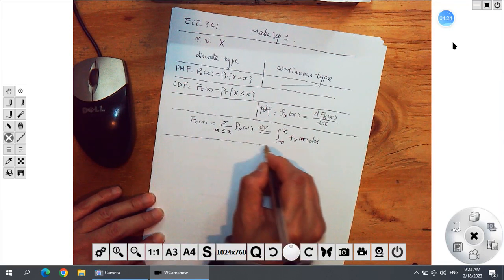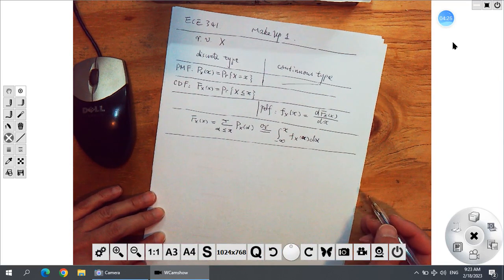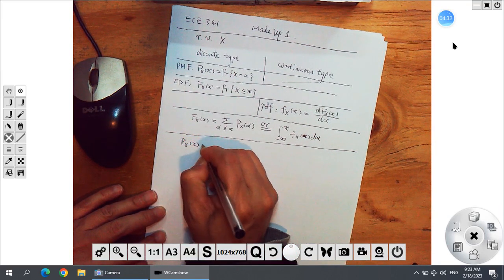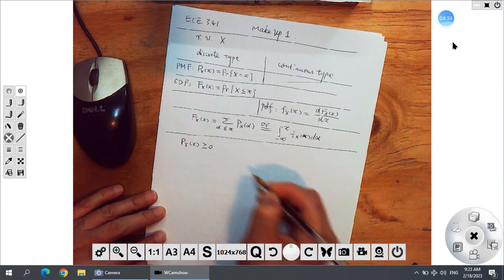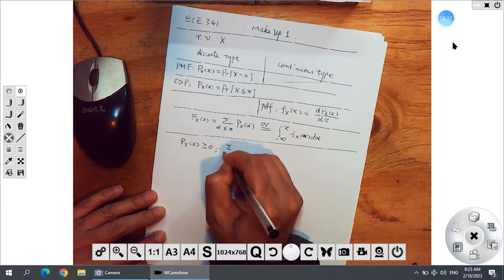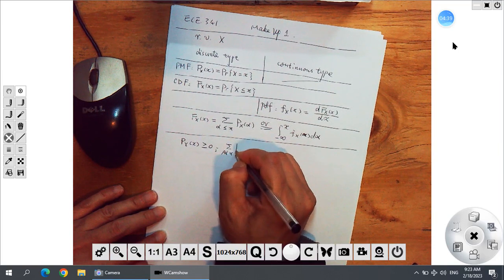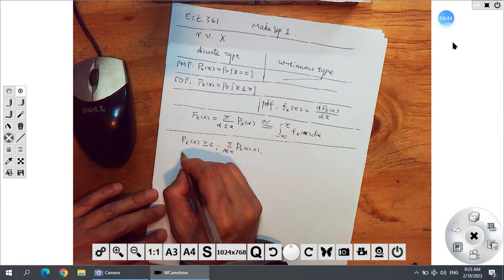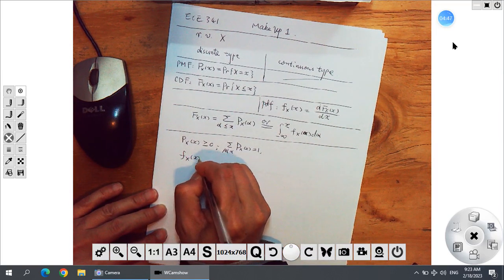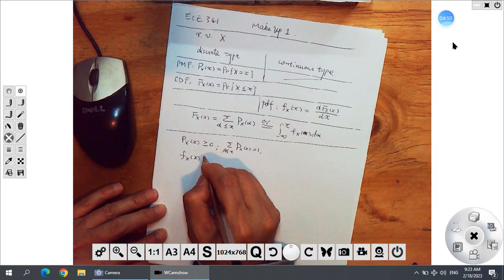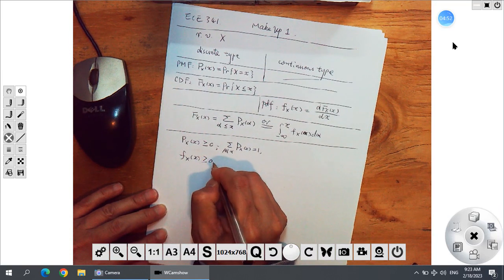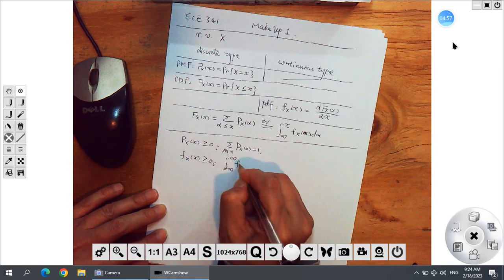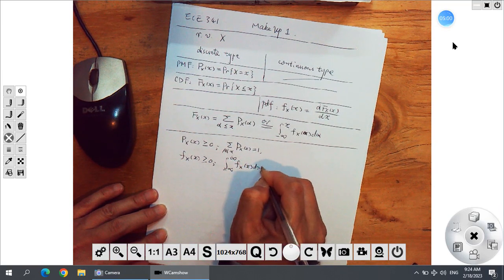We also have some properties about these functions. We know Px of x must be non-negative values, and the summation of all of these Px of x will be 1. Similarly for the PDF, it is also non-negative, and the integration of fx of x dx will be 1.